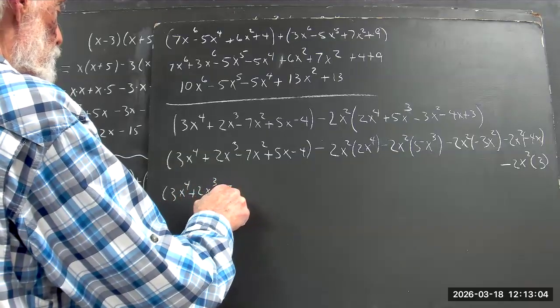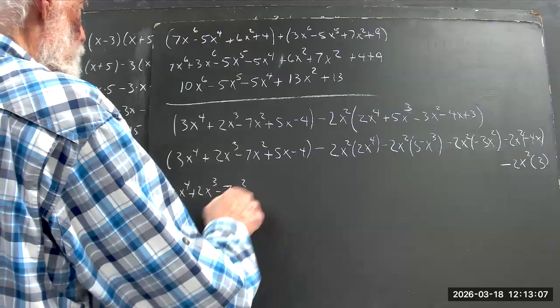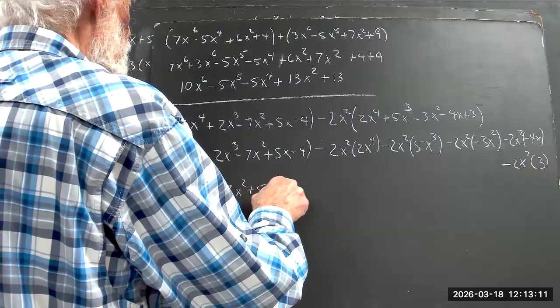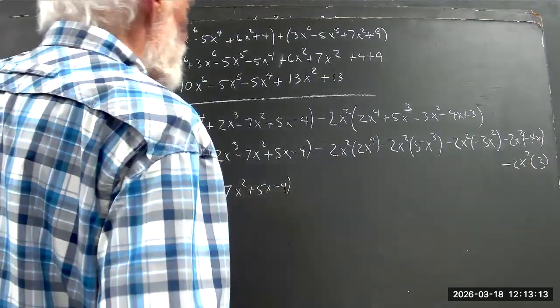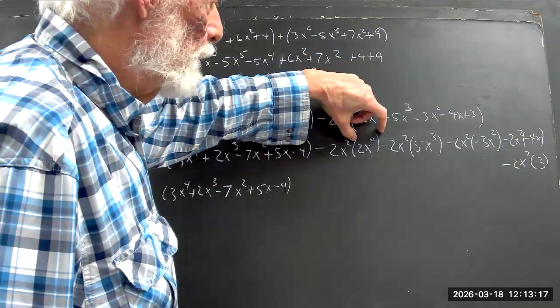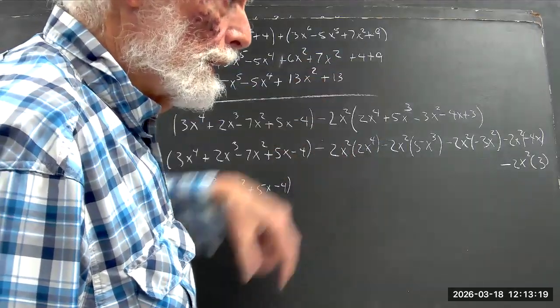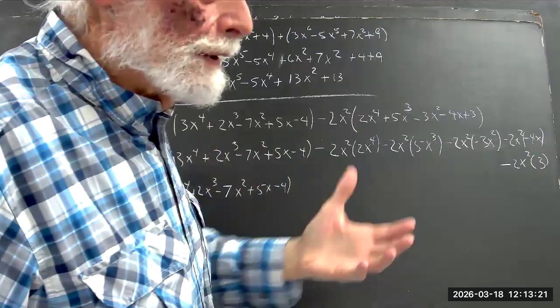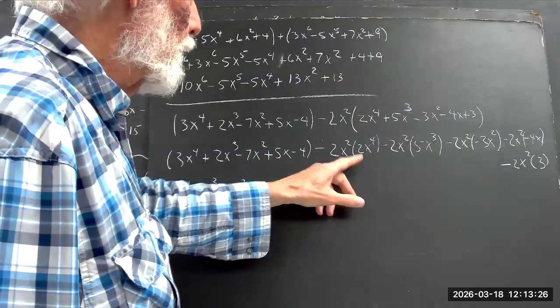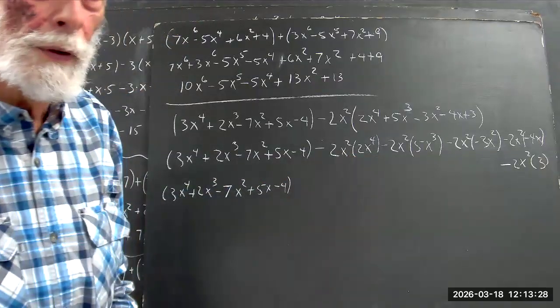Well, now it becomes somewhat easier because it isn't difficult to multiply these terms out. I'm rewriting my first polynomial, 3x to the 4th plus 2x cubed minus 7x squared plus 5x minus 4. And then minus 2x squared times a quantity 2x to the 4th. Well, I'm not going to take the time right now to say 2 times 2 multiplied by x squared times x to the 4th.